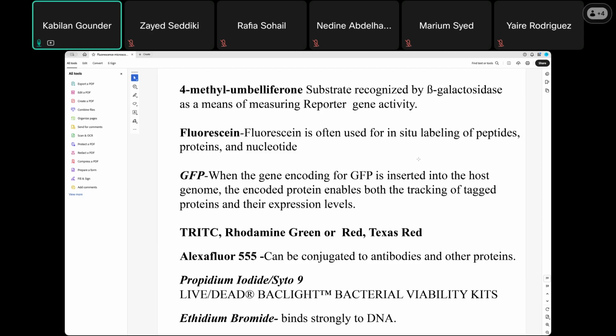As you are all aware, in DNA gel electrophoresis, when you run the DNA after purification, to detect it you can add ethidium bromide and see a fluorescent band under UV light. It binds strongly to nucleic acid so that you can see it under the UV light.